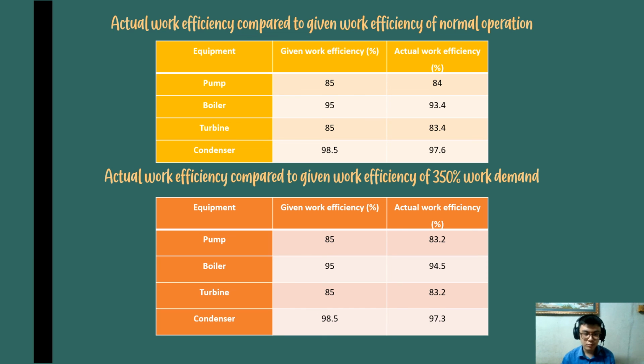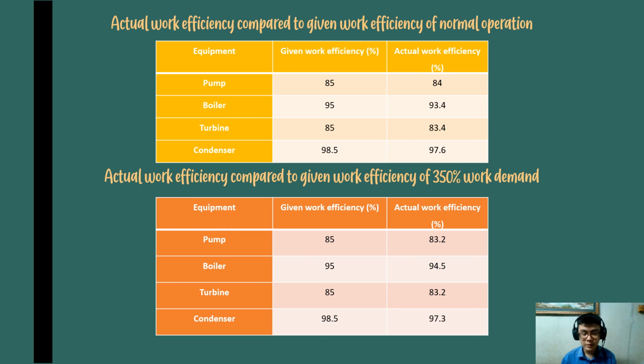Now I'm going to explain the actual work efficiency for normal operation. Firstly, the pump is 84%, the boiler is 93.4%, the turbine is 83.4%, and lastly the condenser is 97.6%.